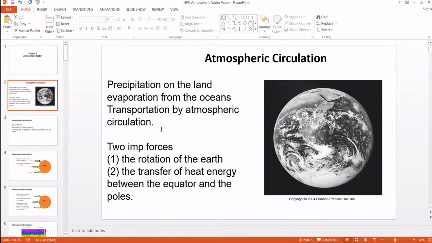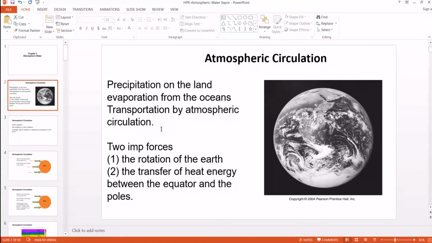Clouds move from one location to another, and then the vapor condenses. This entire process needs energy, and some driving forces are required for the hydrological cycle to happen.